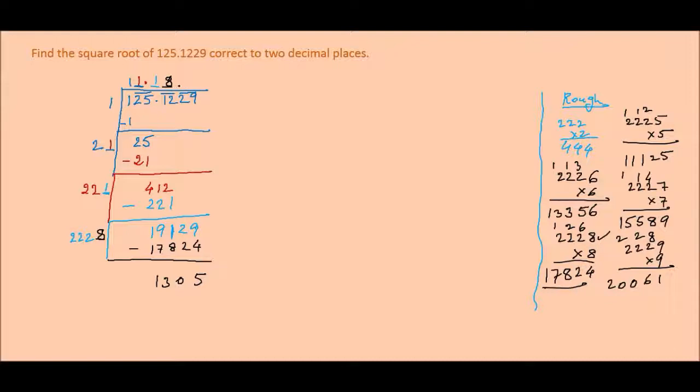For that, what do we do? We insert 2 more zeros. So we write 2 zeros over here and we pair them. Now we will be bringing down these 2 zeros.